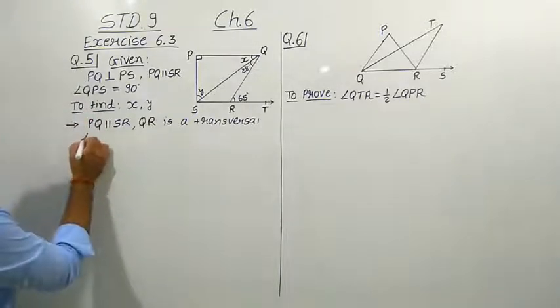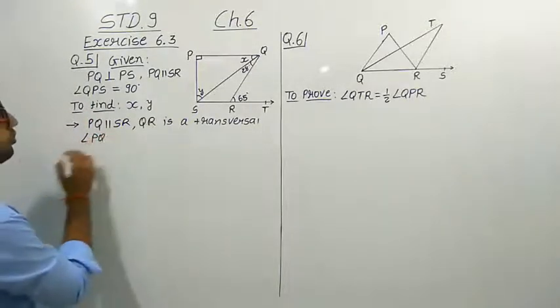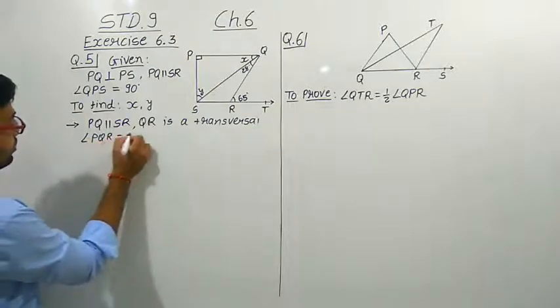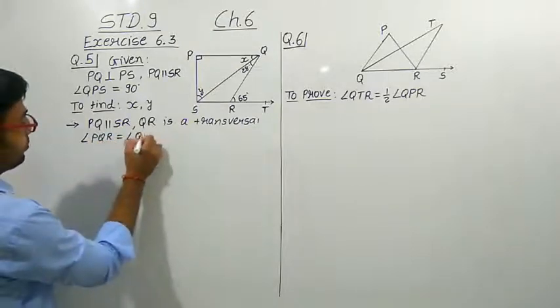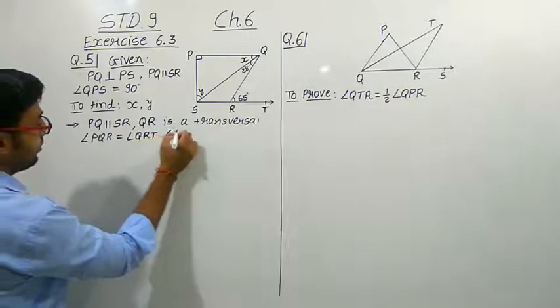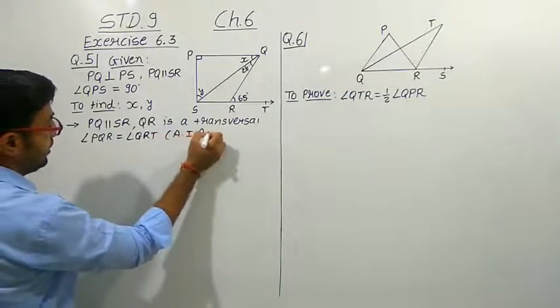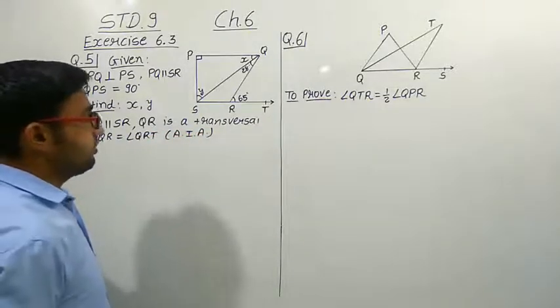So here we can write that angle PQR is equal to angle QRT according to the alternate interior angle property. So both these angles will become equal.